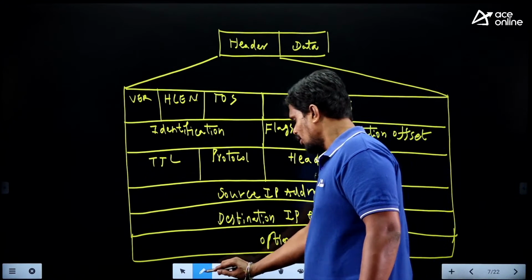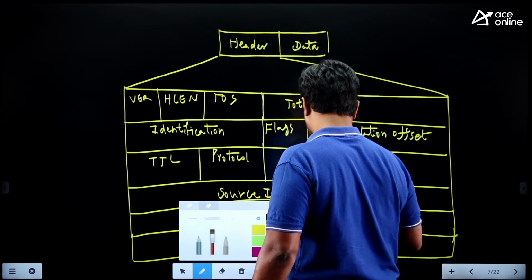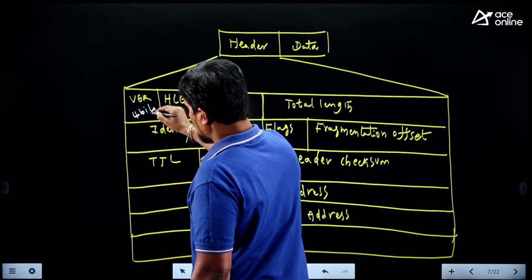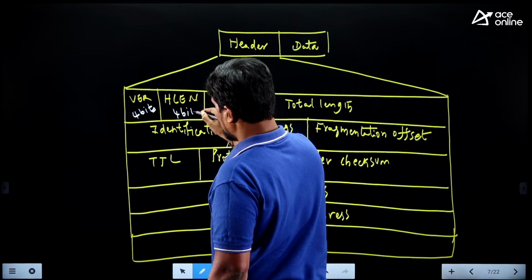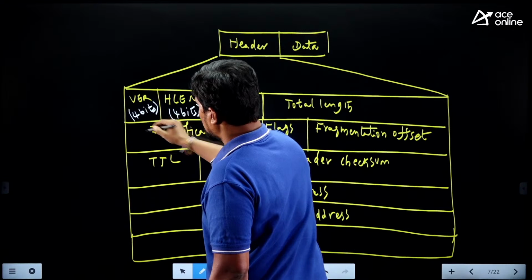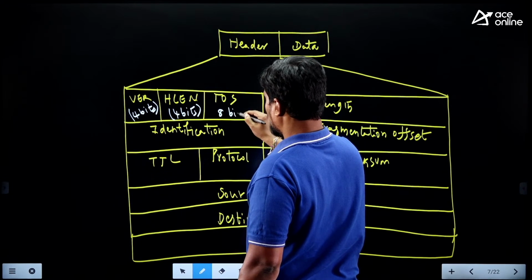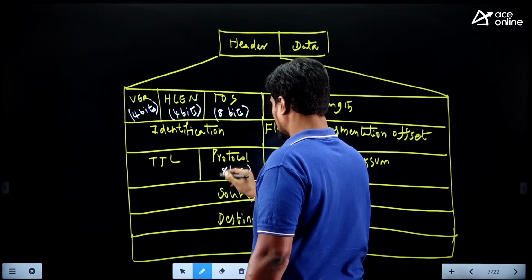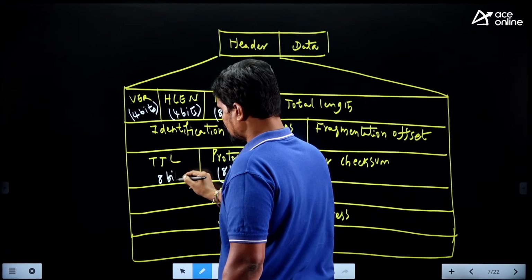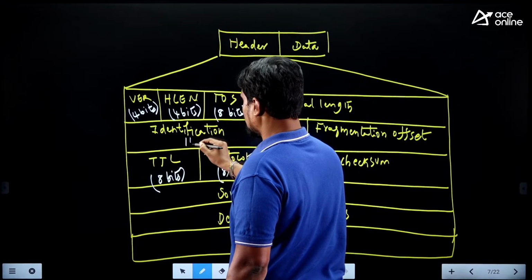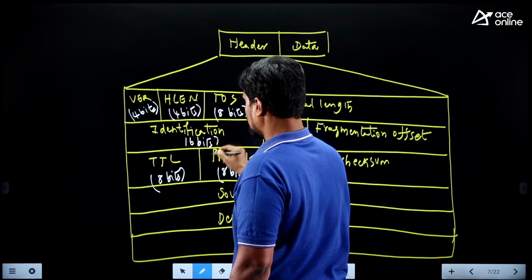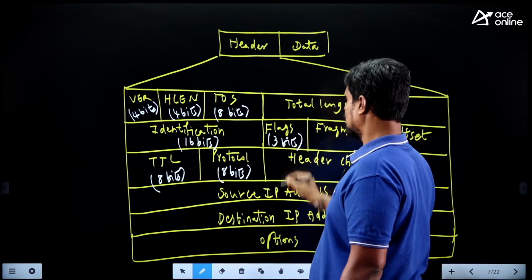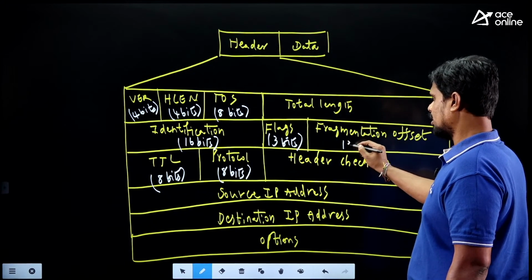If we write the field sizes: this is a 4-bit field, this is also a 4-bit field, this is an 8-bit field, this is an 8-bit field, this is also 8-bit, and this is a 16-bit field. The flag section is 3-bit and the fragmentation offset is a 13-bit field.